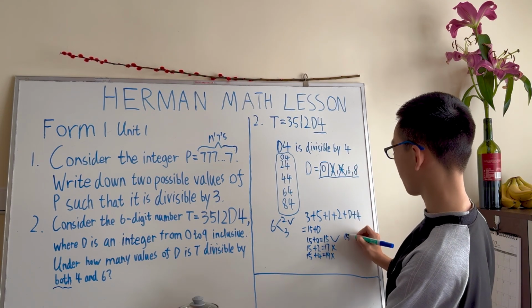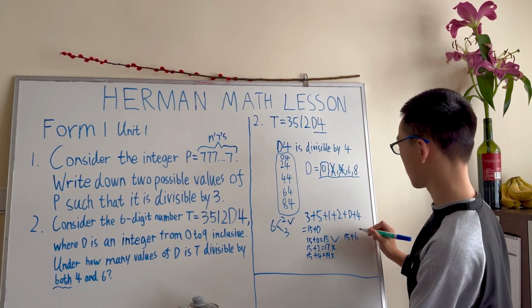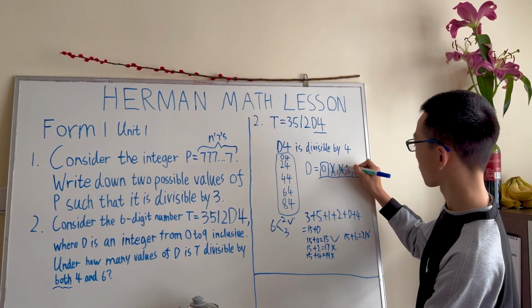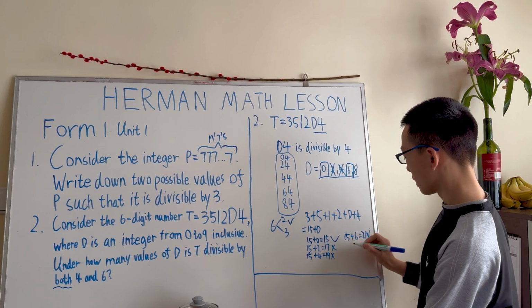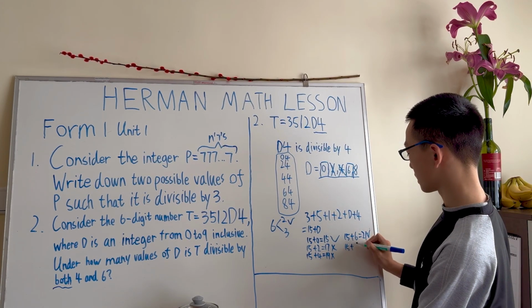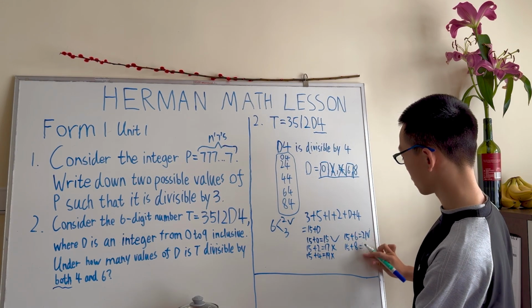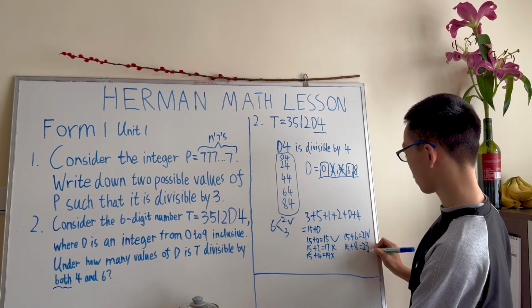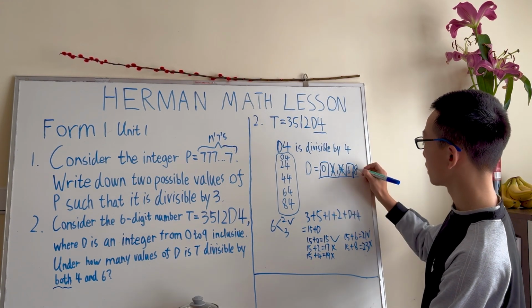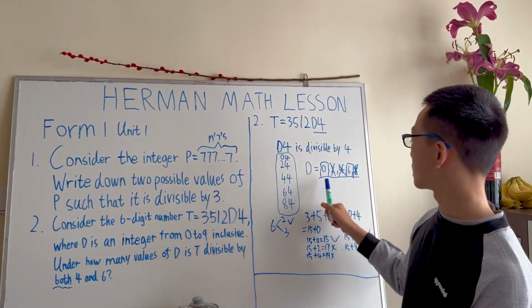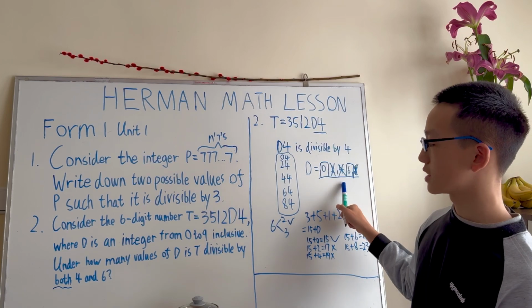We try 15 plus 6 equals 21. This is correct. And 15 plus 8 equals 23. This is not. So we know that the answer is 0 and 6.